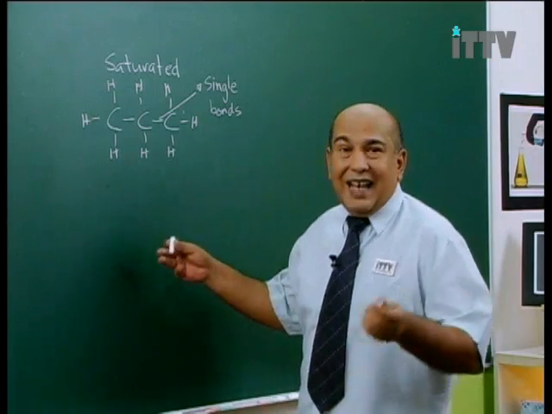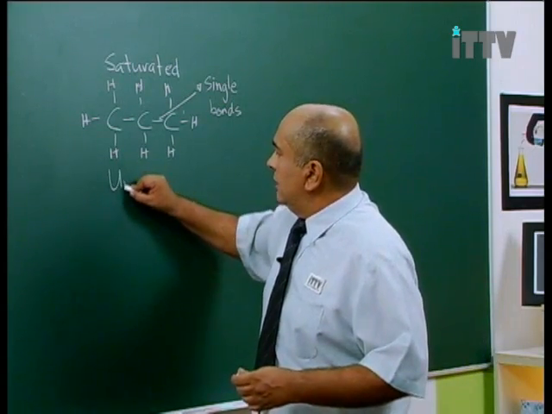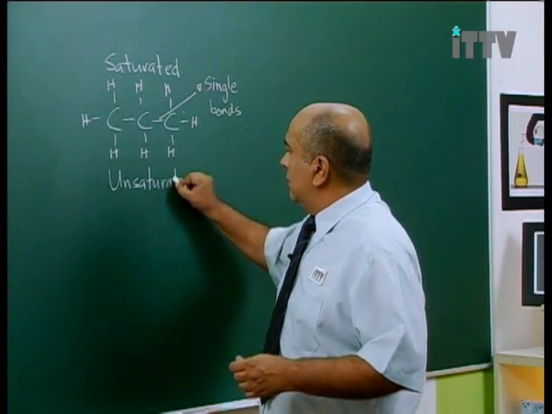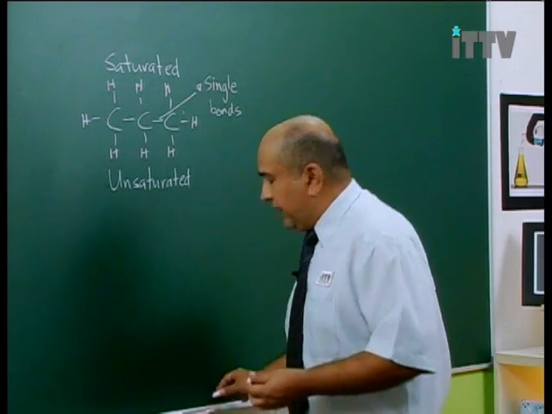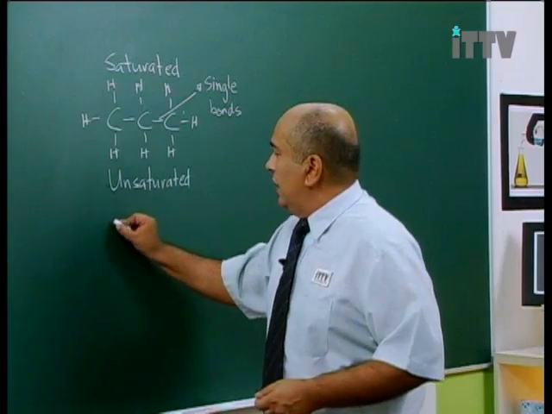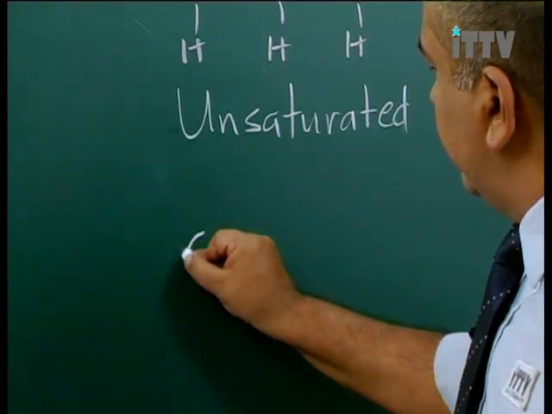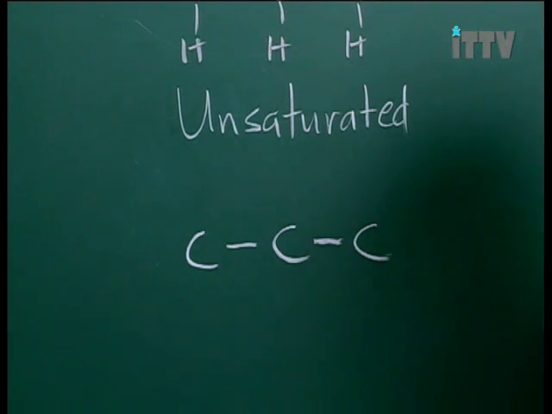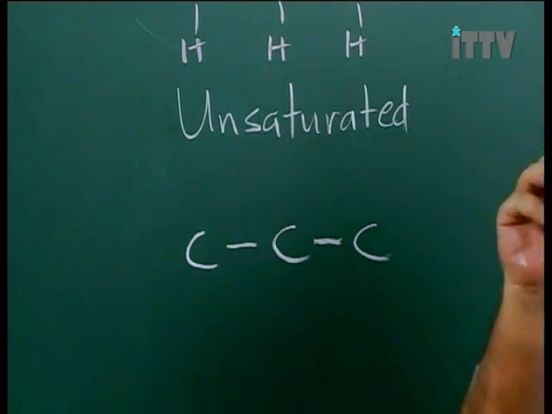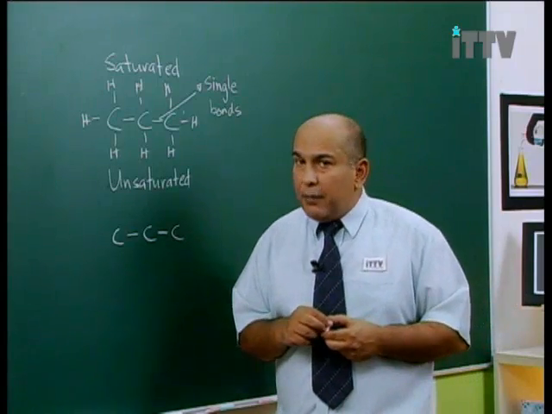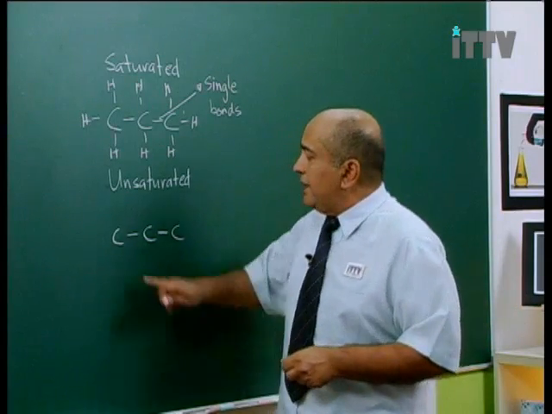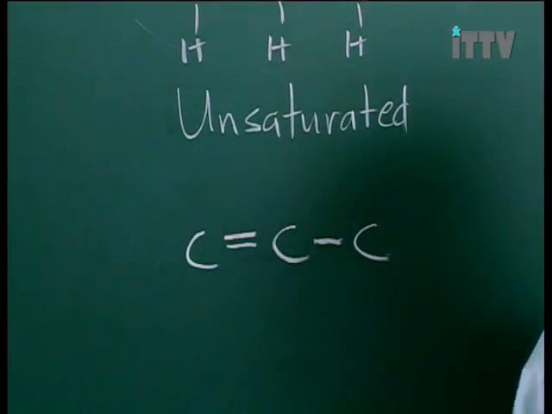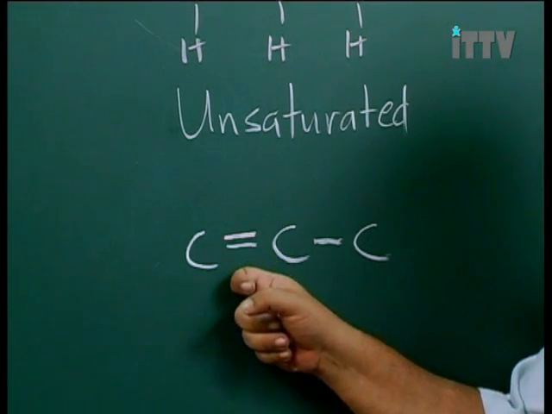Now let's have a look at an unsaturated hydrocarbon. And once again we'll use 3 carbons. So here I have a carbon, like so. But what I've said is we have at least one double or triple bond. So let's say that this carbon-carbon bond here, I double up on it. So I've got a double bond in here.